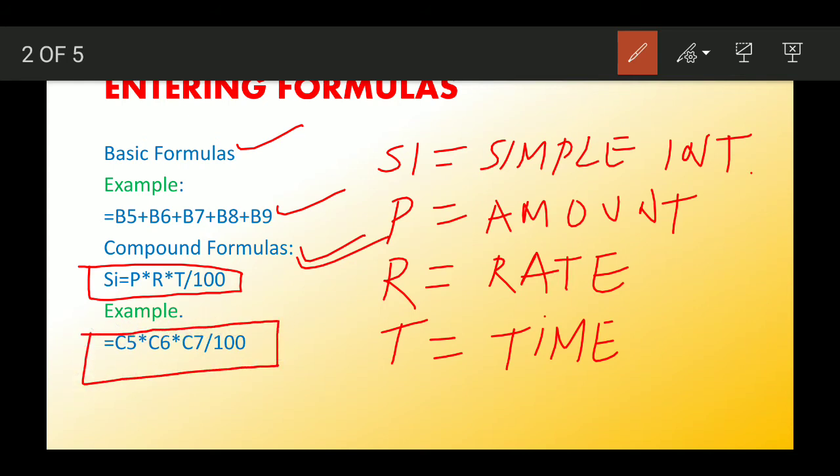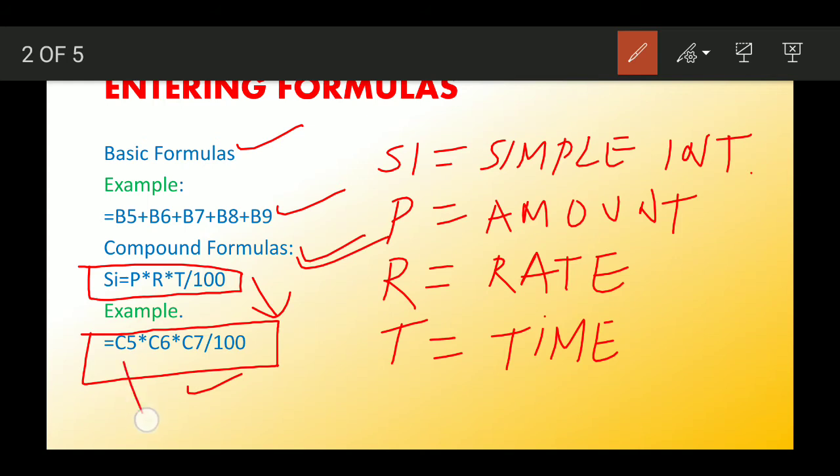Now to calculate simple interest in MS Excel, we can use this formula. This is the Excel interpretation of the mathematical formula. In Excel, if we have to calculate simple interest based on this mathematical formula, we can convert it like this. This is an equivalent formula to calculate simple interest.